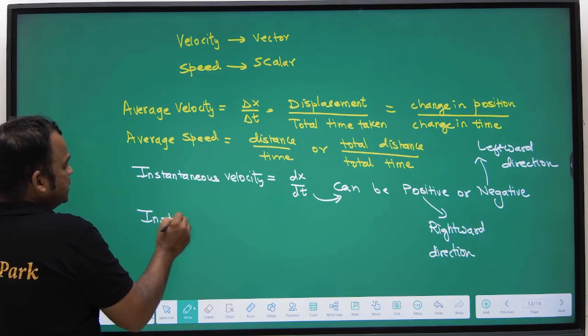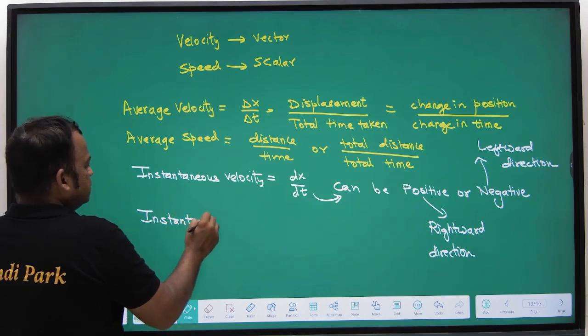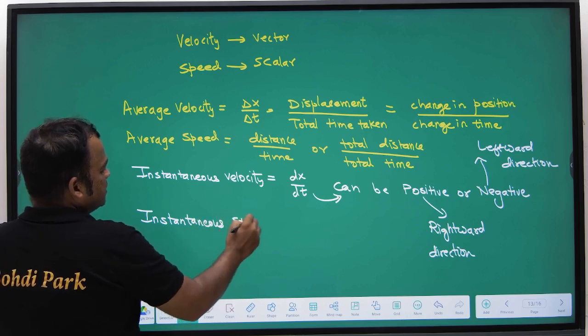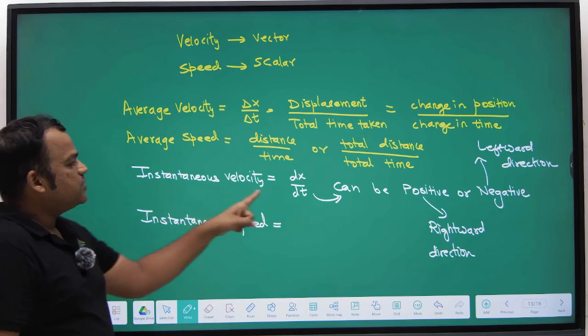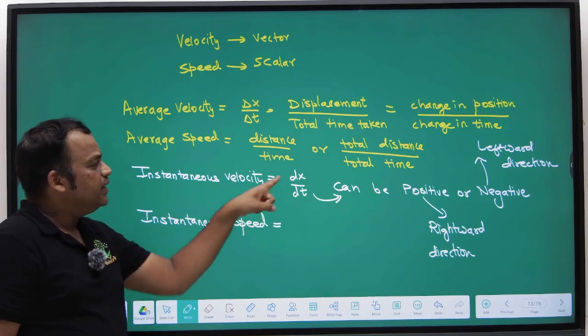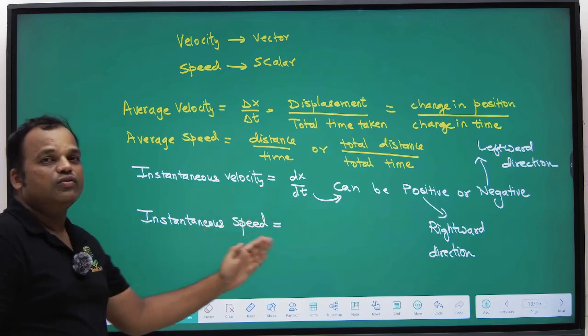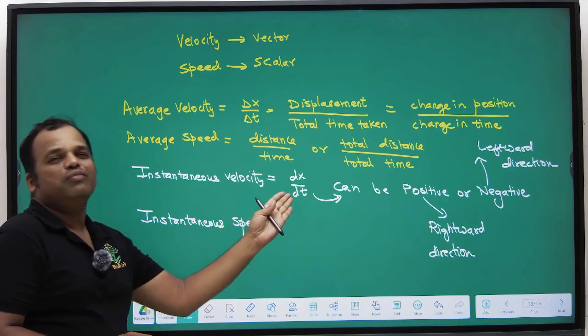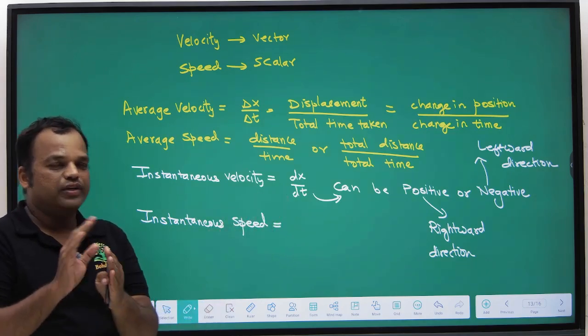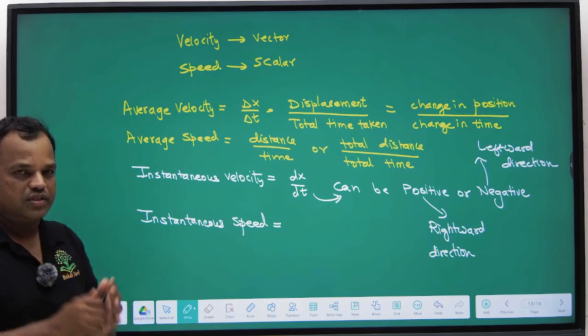Then what is instantaneous speed? Instantaneous velocity, how to calculate? dx by dt. But how to calculate instantaneous speed? So same formula, but we don't consider negative, it is positive only.